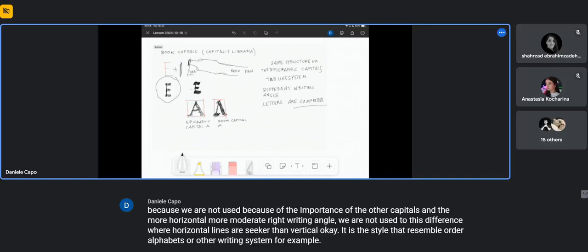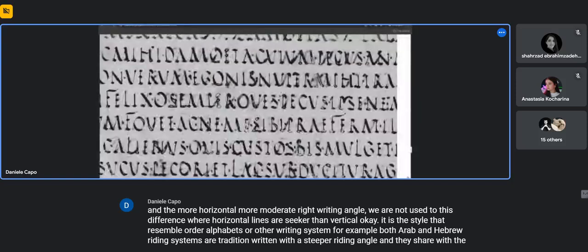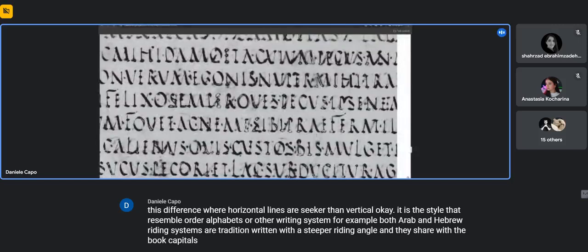For example, both Arab and Hebrew writing systems are traditionally written with a steeper writing angle, and they share with the book capitals this stress over the horizontals.